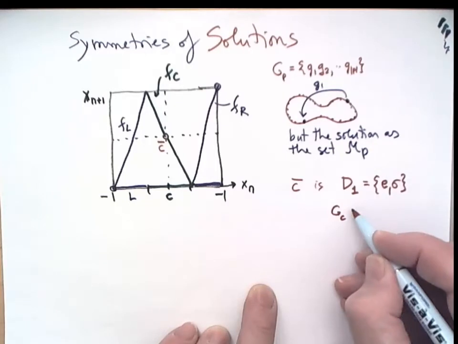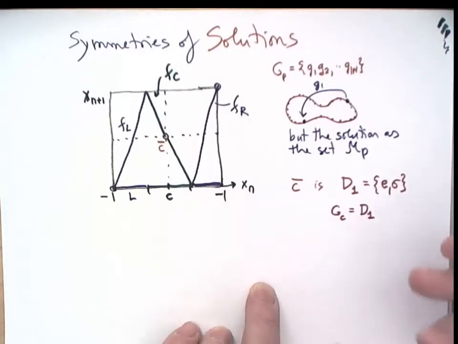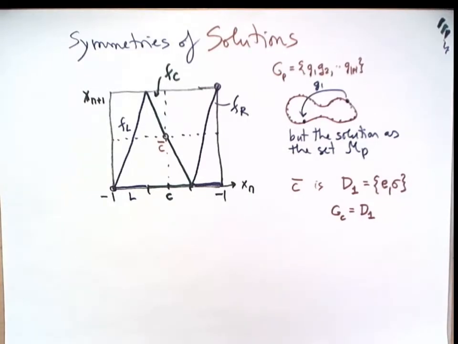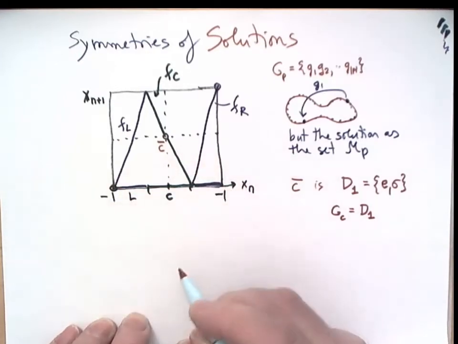And C is a group-invariant, or group fixed point, solution. So the symmetry of that fixed point solution is the entire group.